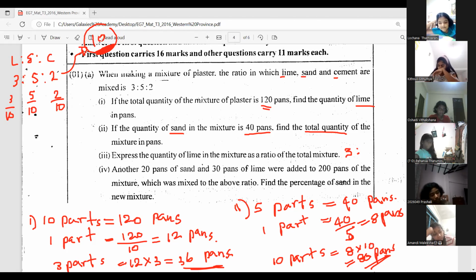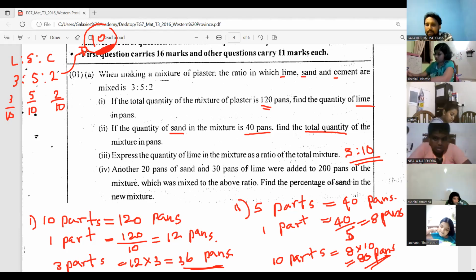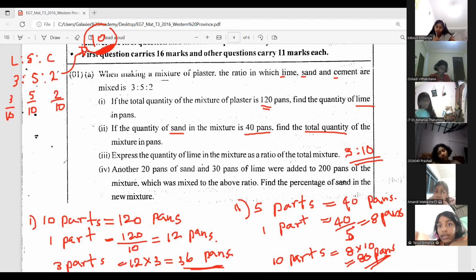Total parts how many? 10 parts. So what is the ratio? 3 to 10. What is being asked? The ratio between the lime amount and the total amount. The lime has 3 parts. Total parts are 10. So what is the answer? 3 to 10. Right? Not difficult, very easy questions.